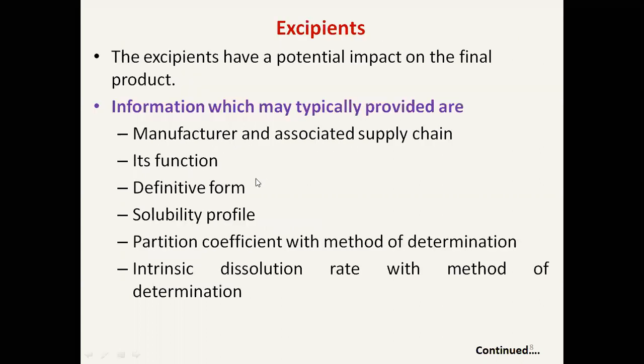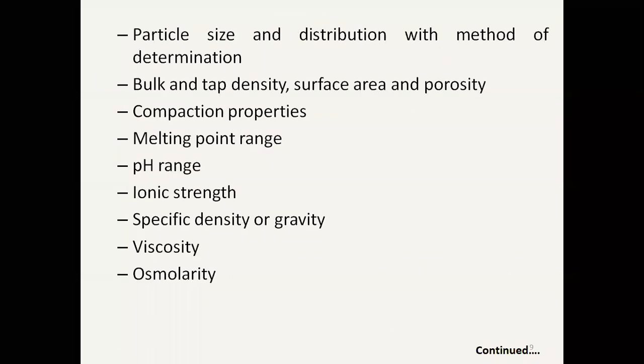So that's how we get detailed information about the excipient: who the manufacturer is, the function of that excipient in that particular dosage form, its form, maybe amorphous or crystal, in which solvent it will be soluble, its partition coefficient, intrinsic dissolution rate, particle size, bulk density, and compaction properties.